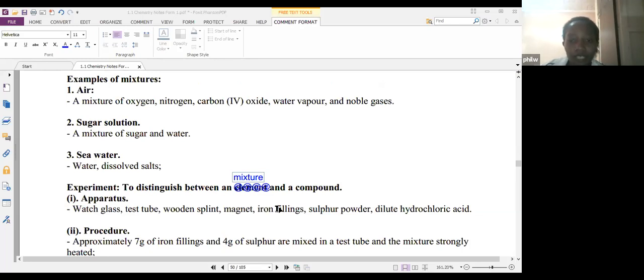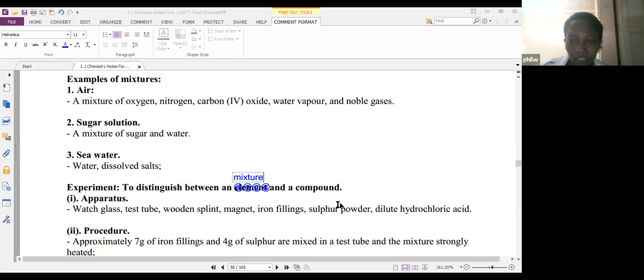I want you to consider this: iron filings is an element. Sulfur powder is another element. So we want to take two elements. When we take iron filings and sulfur, we will make a mixture, and using the same two elements, we make a compound. Then once we make a mixture and a compound, we see the differences between the mixture formed when you combine iron filings and sulfur, and the compound formed from iron filings and sulfur.